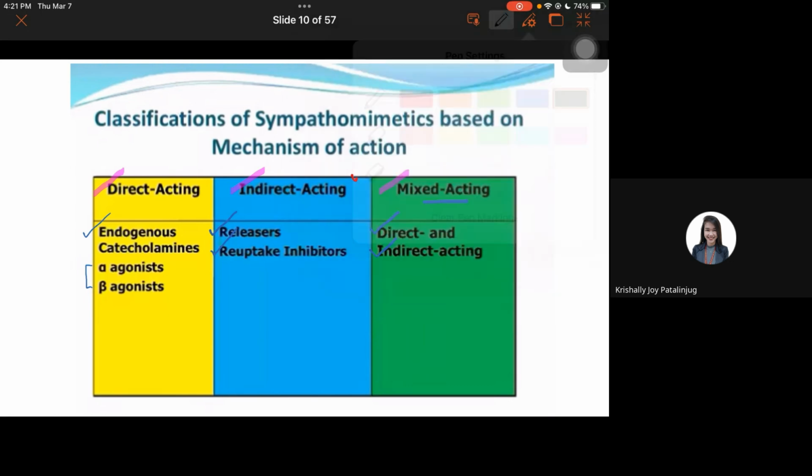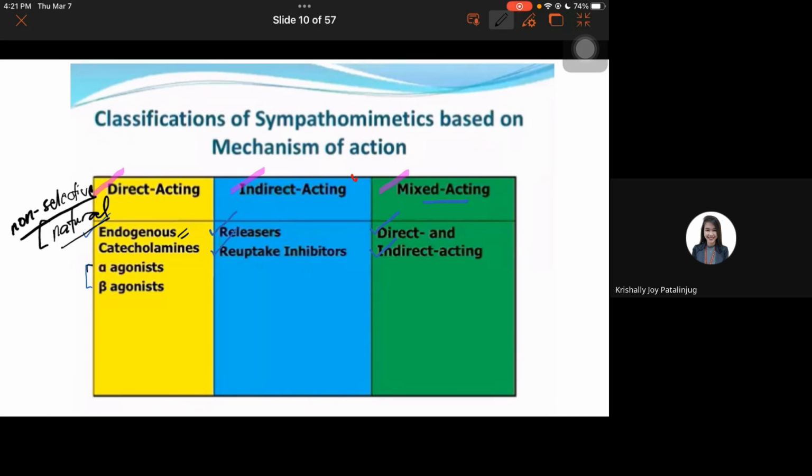Okay? Now with regards to endogenous, so iba kapag endogenous, it is synthesized within sa body. So ito yung mga natural catecholamines din. And natural catecholamines are classified as non-selective. Okay? Non-selective sila ng mga direct acting.